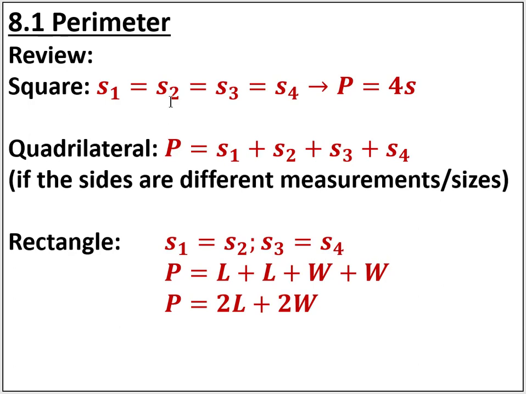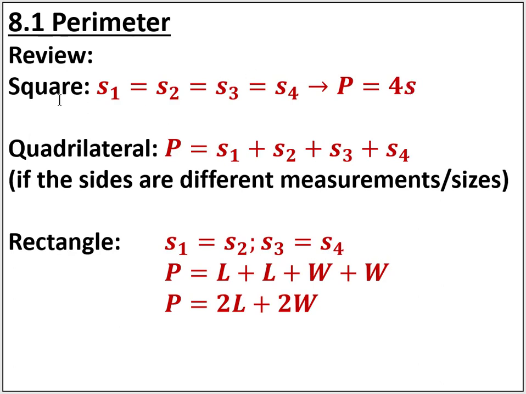Now for a square, I know in the previous section, I used S sub 1, S sub 2, S sub 3, and S sub 4 to represent the sides of a square. Now, if side 1, side 2, side 3, and side 4 are the same measures, which they should be for a square, then the formula for perimeter is P equals 4 times S, where S represents the measure of the side.